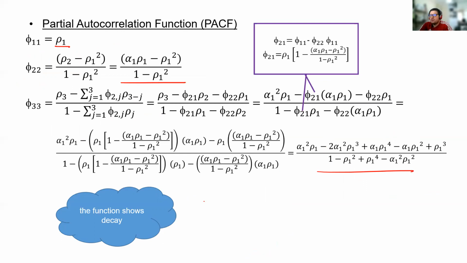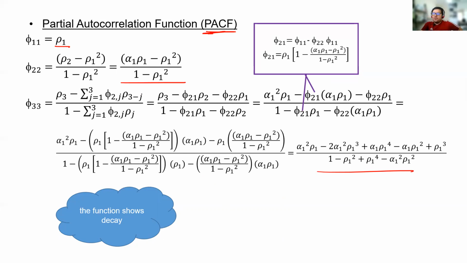So it will also show a decay, and I think a lot of times it will be an oscillating decay. We will have to see that in practice because I can't get to a result on this. So that's the way the PACF will behave. Again, don't worry about this. You will not be asked to do this process. You can rest assured there.